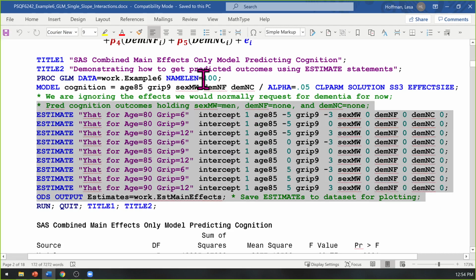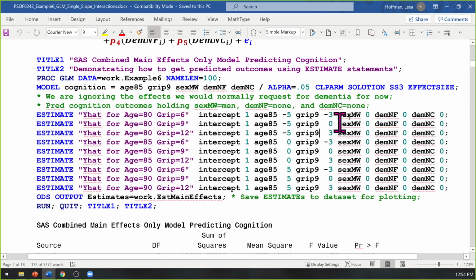I am asking for predicted values to illustrate the results of the model as a function of age and grip strength, holding gender and dementia group constant at 0. So do you remember there were 3 ways that you can generate predicted outcomes to make a plot with?